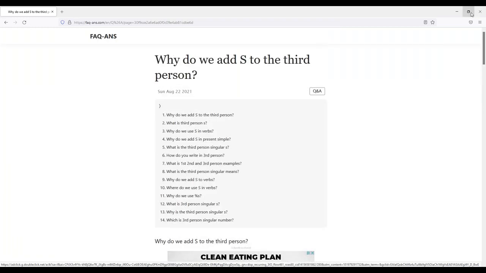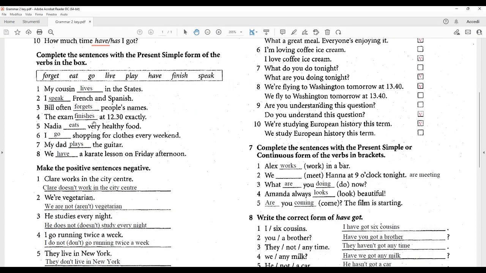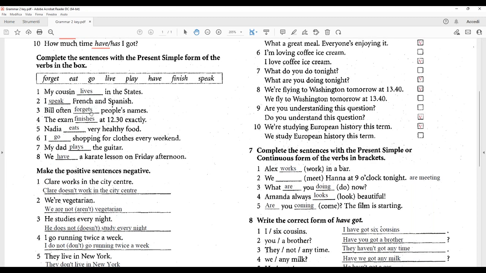Am I saying this because this S seems to be confusing at some times. So, for example, the verb finish, right? You see adds an ES, E as in Europe, right? So the exam finishes with an ES, not just an S, okay?